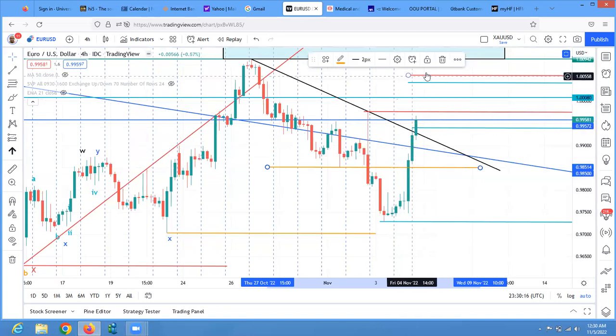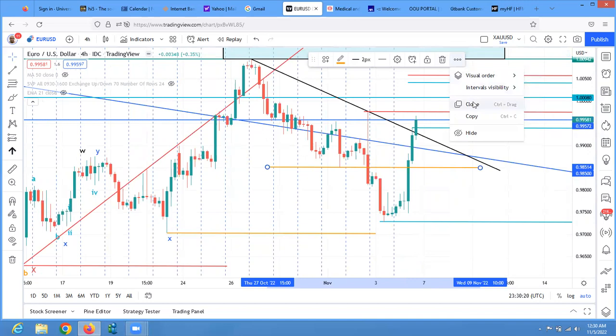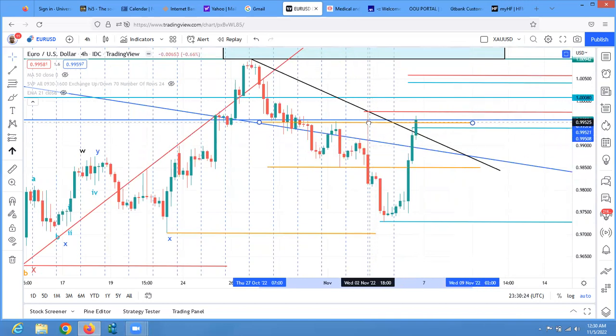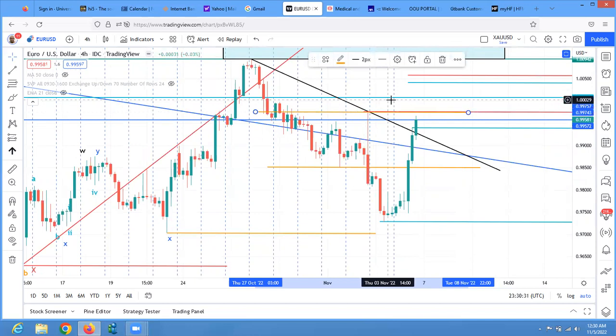That's the flat in the middle there, which also coincides with this move here and here. So we look at that flat in the middle and this move.